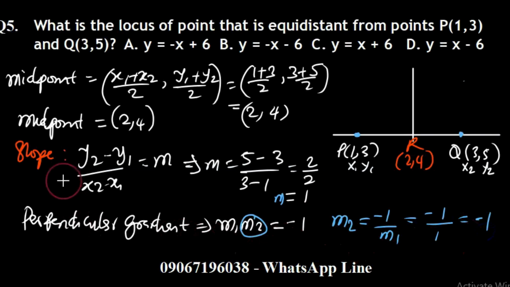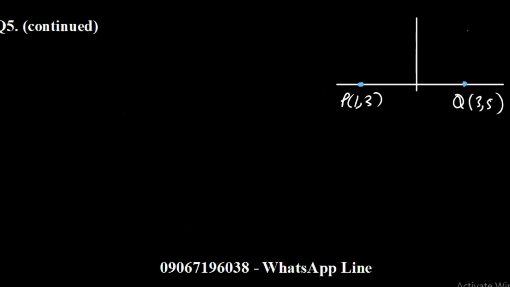With this, we've gotten the slope of the straight line, we've gotten the midpoint, we've got the perpendicular gradient. Next, we need to find the point to line slope. Now that equation is given with the point being the midpoint.